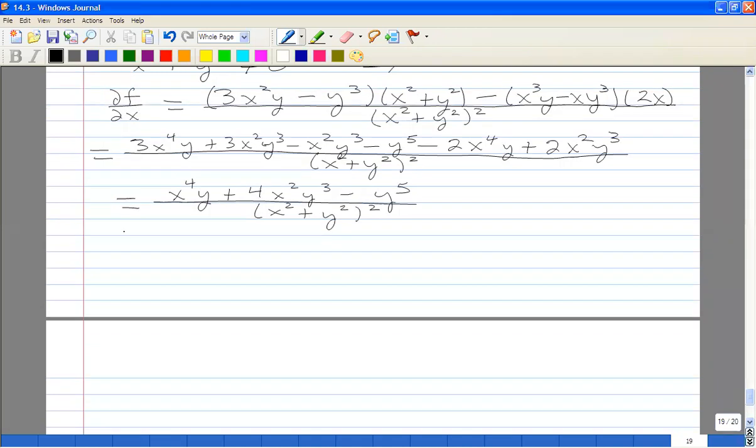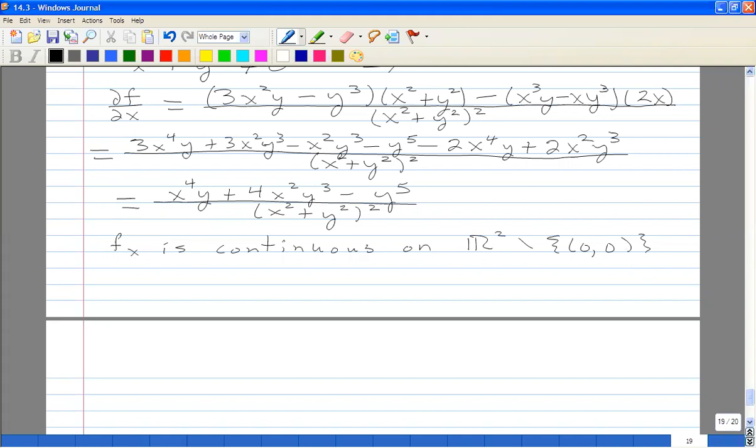So f is continuous everywhere except possibly at the origin. So the only real bad point here is the origin. So let's see what happens at the origin.